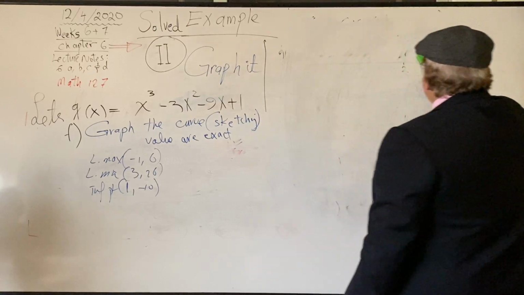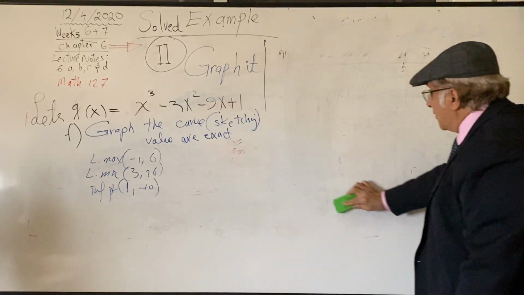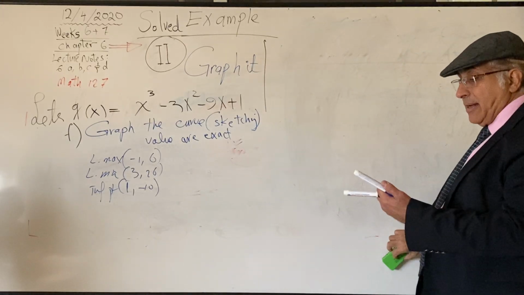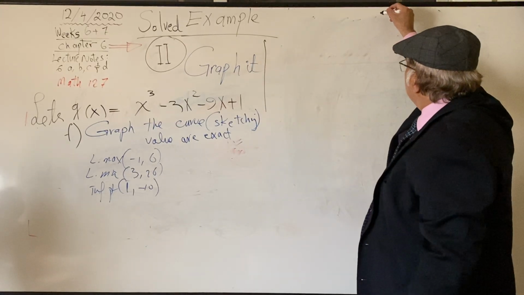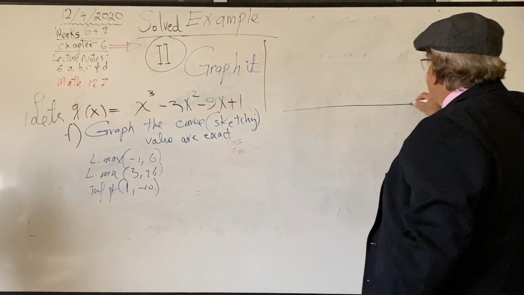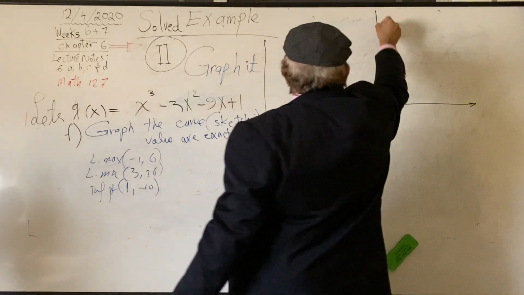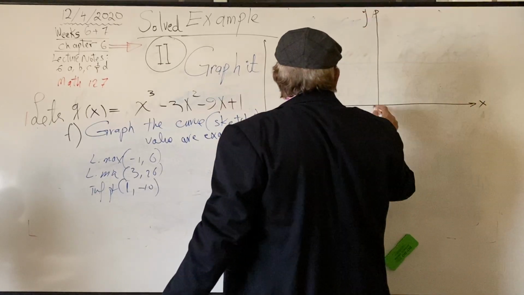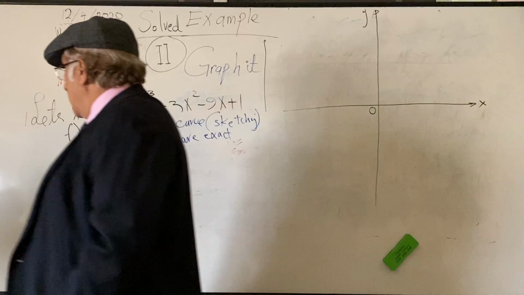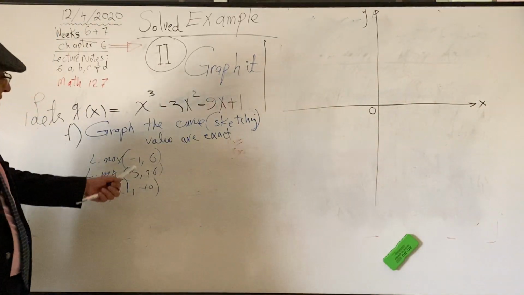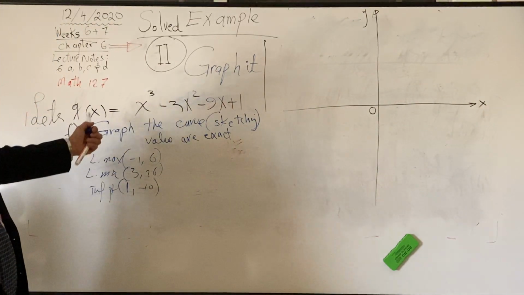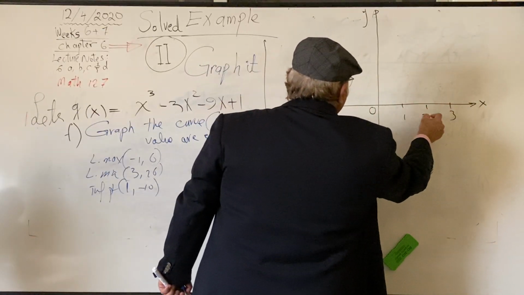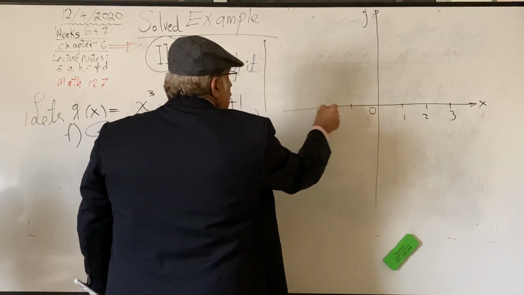If you did not understand what I mean by change in concavity, it's your chance now to understand how I'm going to use that. This is your x-axis, and that's your y-axis, and that's your origin. You can see the x is between minus 1 and 3. So I simply can say, this is 1, 2, 3. I don't need to go more. And I can go all the way down to negative 3.